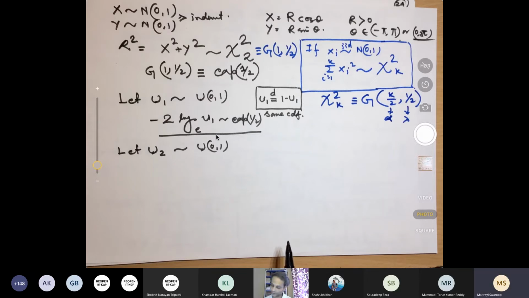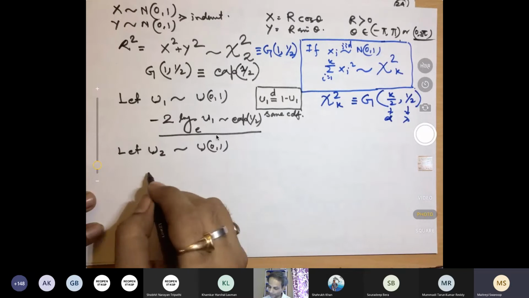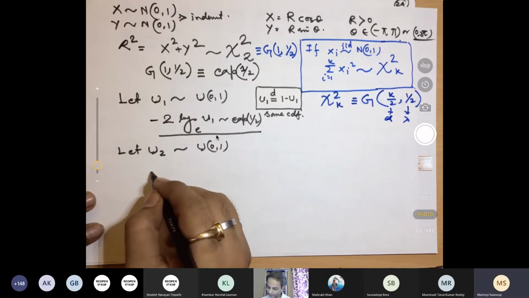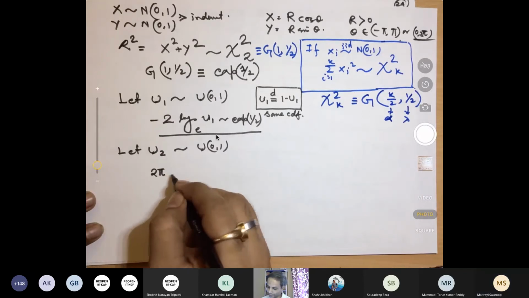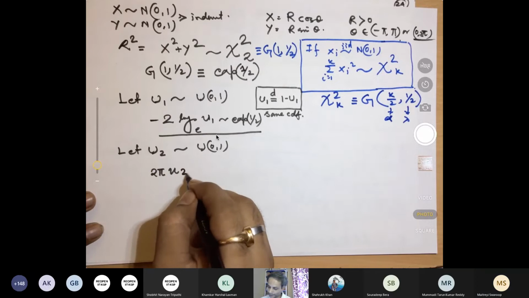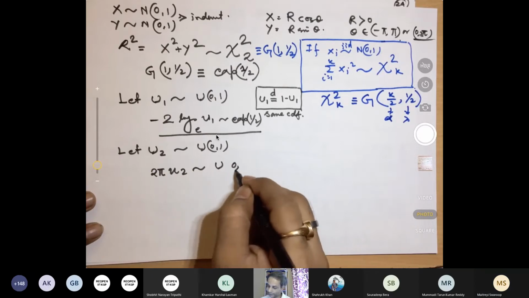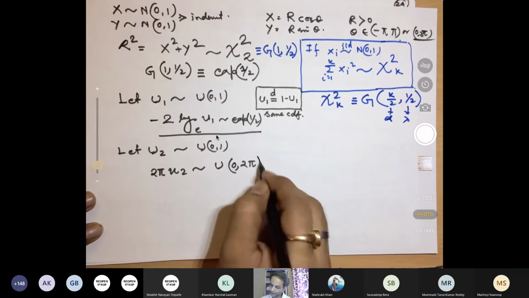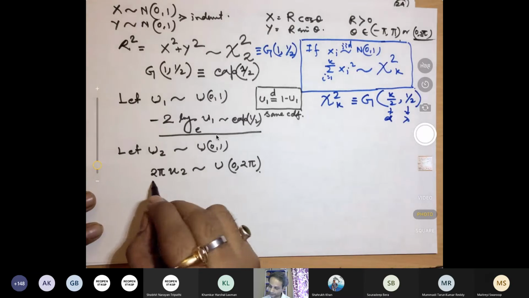Just multiply it with 2 pi. So 2 pi times U2 follows uniform 0 to 2 pi. This is also a known result from our previous class.